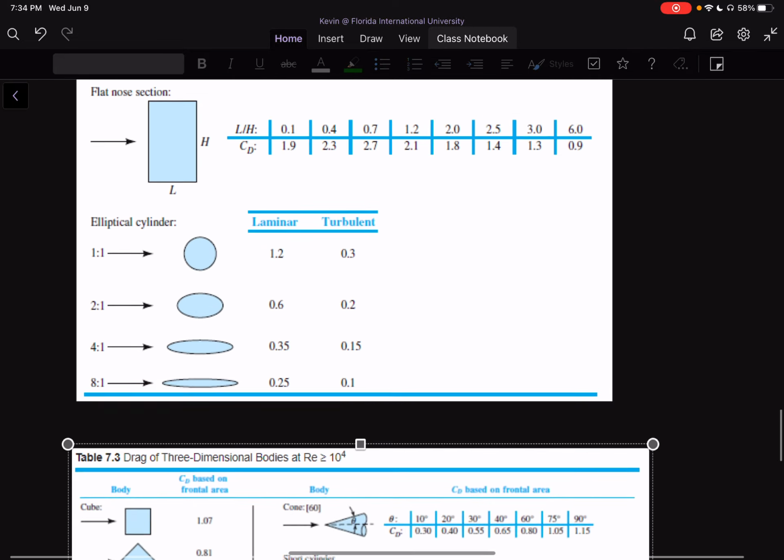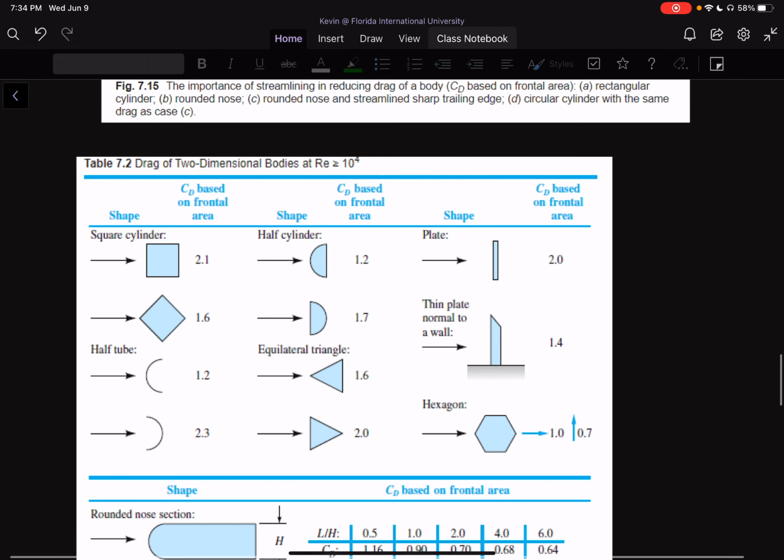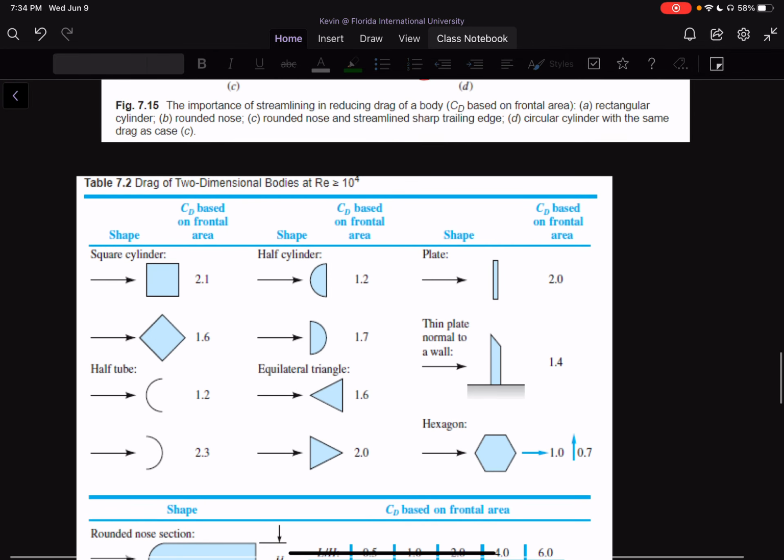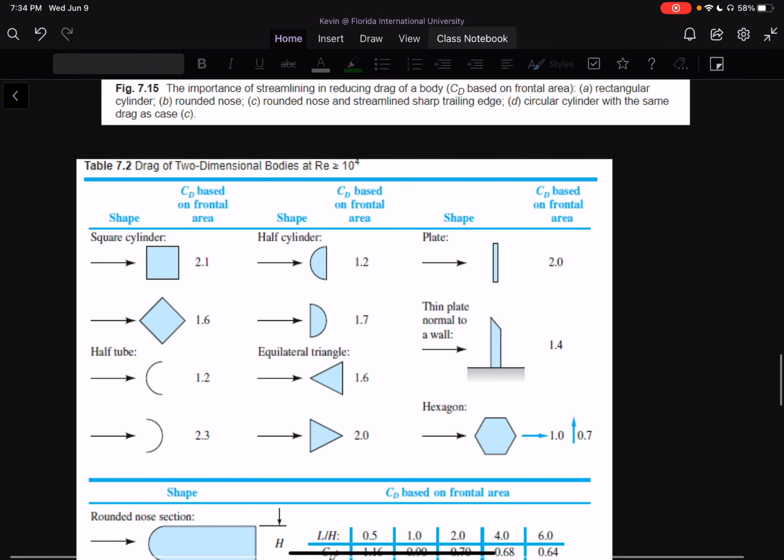So essentially, from here, we can see that for a square cylinder, for example, based on frontal area, we have 2.1. For a half cylinder, we have 1.2. And so we can find all these CDs that are dimensionless.